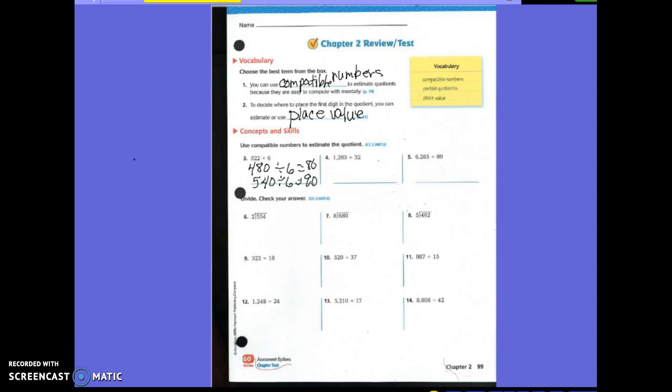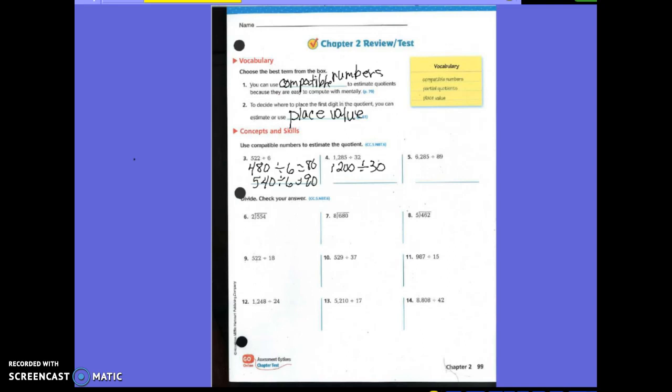Okay? All right, now we have 1,285 divided by 32. What can we round 32 to? 30. And what could we round 1,285 to? That would be 1,200 divided by 30. And that's going to be a really close estimate, isn't it?